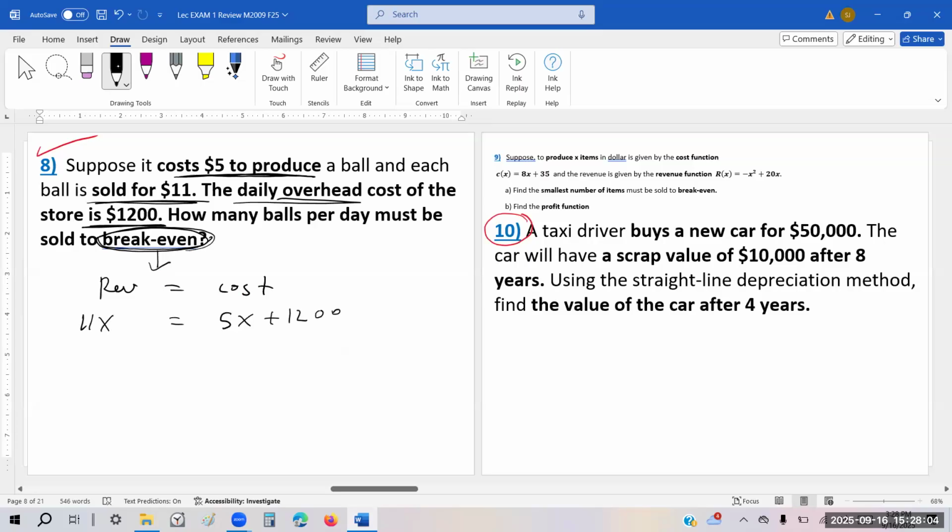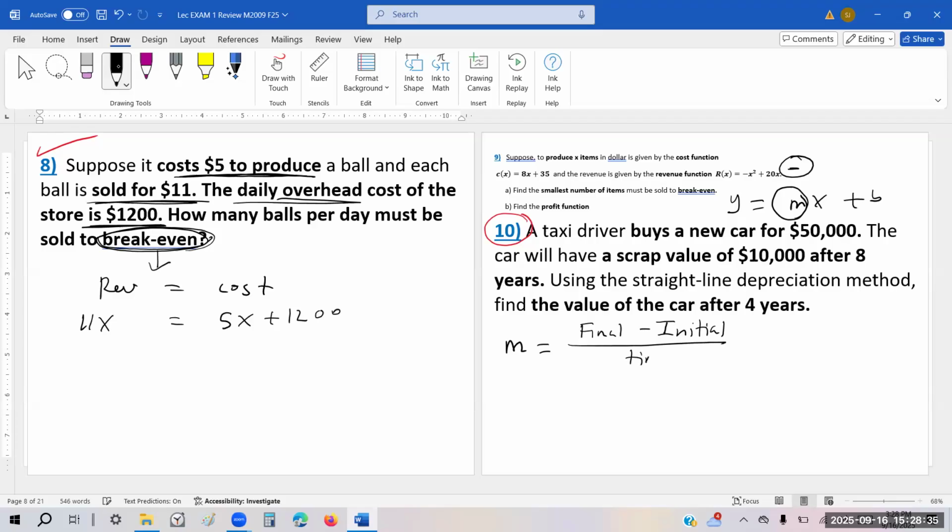Depreciation. In depreciation, we have the same formula, y equals mx plus b. But this time we definitely know our m will be negative because it's depreciating. It's going down over time. So to find the slope, it's the final minus initial, divided by time, right?